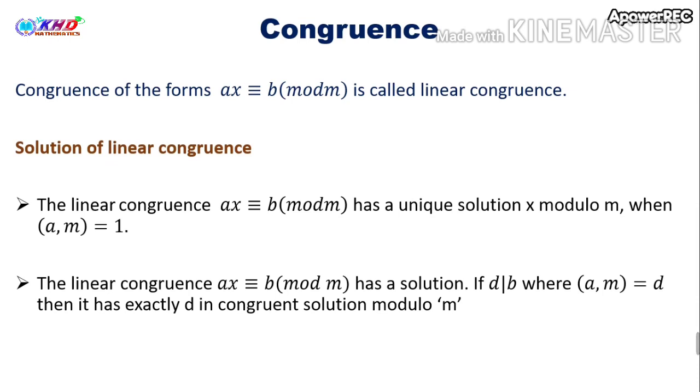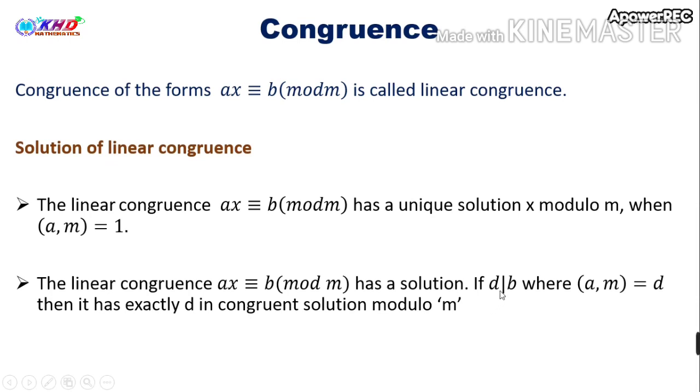That means if GCD of a and m is d and d divides b, then our congruence ax congruent to b mod m has d number of incongruent solutions.